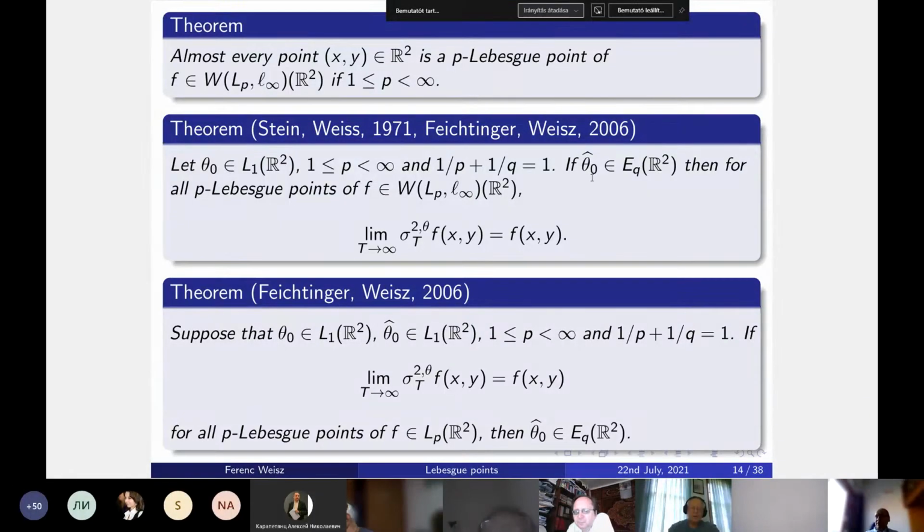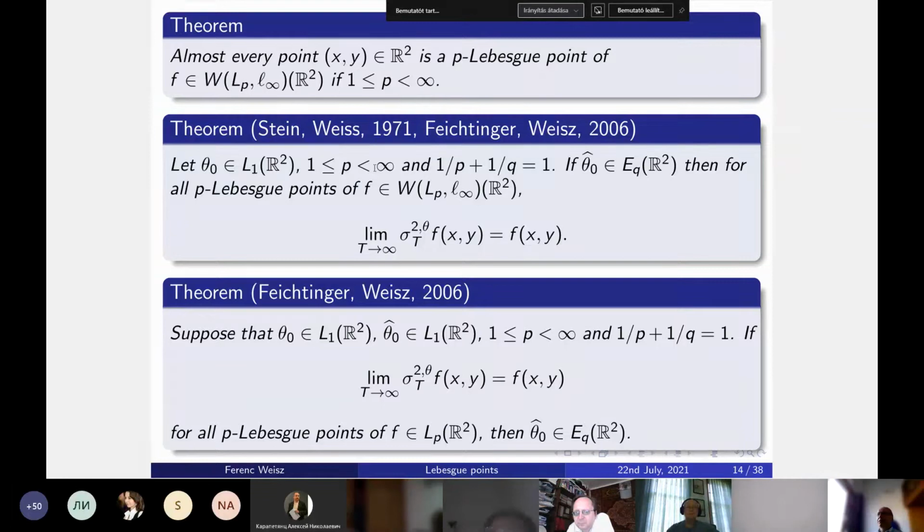If the Fourier transform of theta 0 is in the Herz space EQ, then the theta means sigma t theta converge to f for all p-Lebesgue points of f when f is in the Wiener-Ramagen space WLP L infinity.